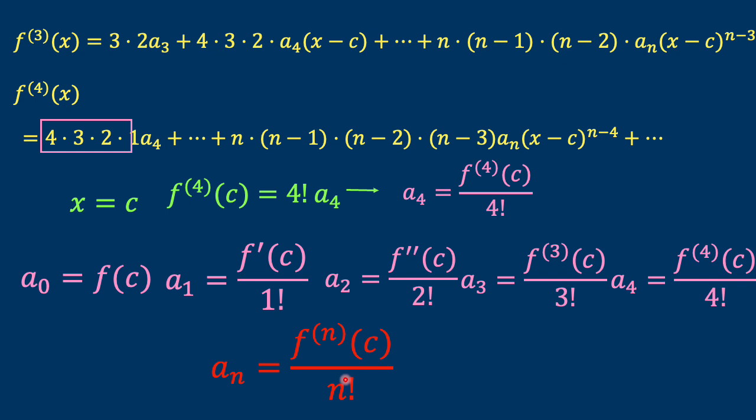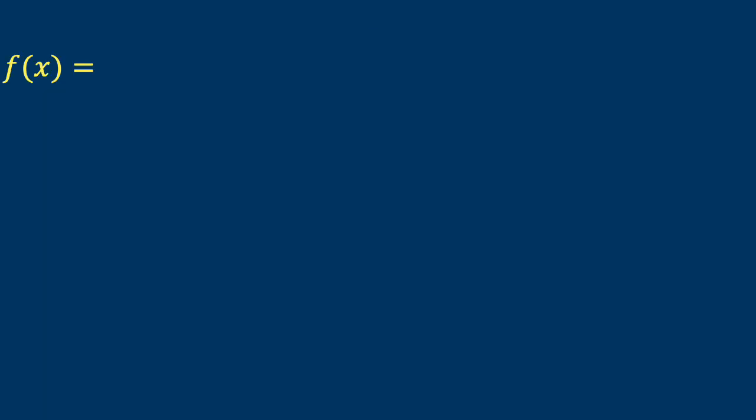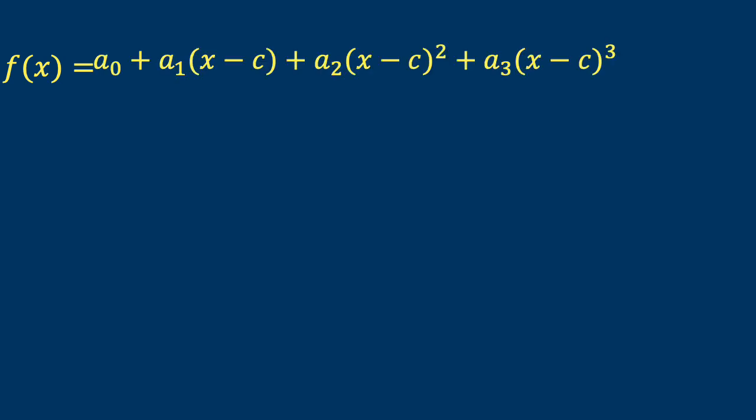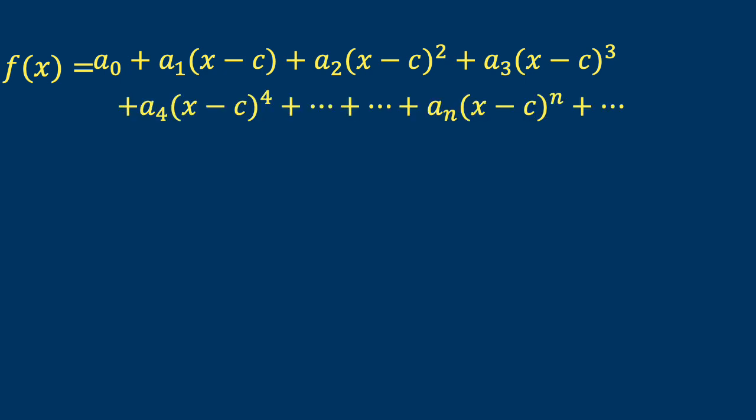Now we have found the coefficients for the power series. Now let's write the power series for the given function. f of x is a0 plus a1 (x minus c) all the way to an (x minus c) to the n, plus and so on. We found the coefficient for each term.